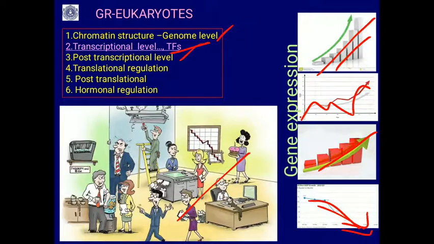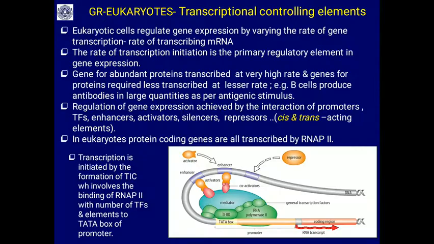Beta cells are producing insulin, but the insulin gene is present in every cell in the body. So gene expression is controlled by several factors, and you can see the rate of gene expression. You will be able to understand all this from this cartoon, I think.